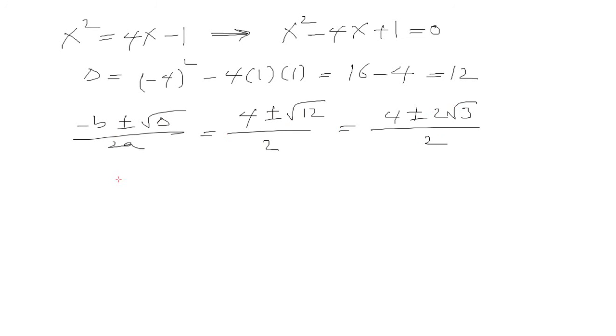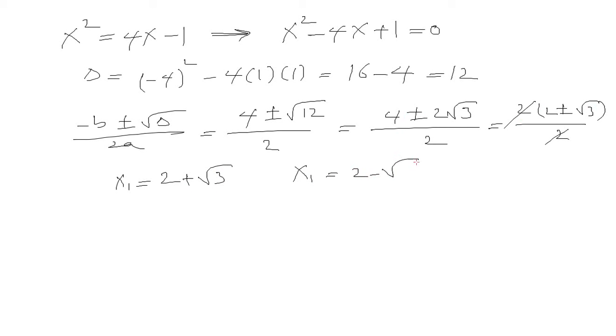So I know one of my solutions is, if I factor out the 2 from the numerator, I get 2 plus minus radical 3 over 2, and the 2 cancels the 2. So one of my solutions is 2 plus radical 3, the other one is 2 minus radical 3.